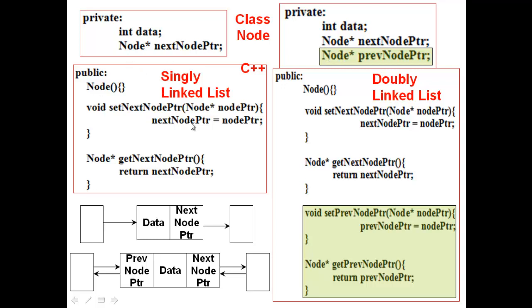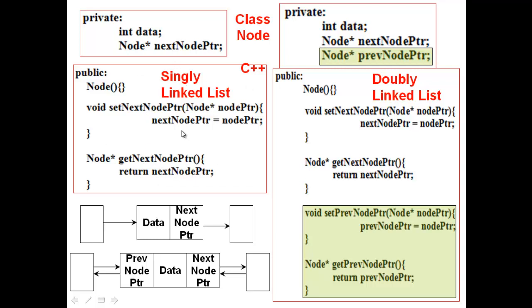In the node class for the single linked list, you are going to have these member functions. The constructor is a no argument constructor. Then the set next node pointer function will set the value for next node pointer, so we pass a node pointer, node star, and set next node pointer equal to node pointer. And we have a get next node pointer function that returns the next node pointer value.